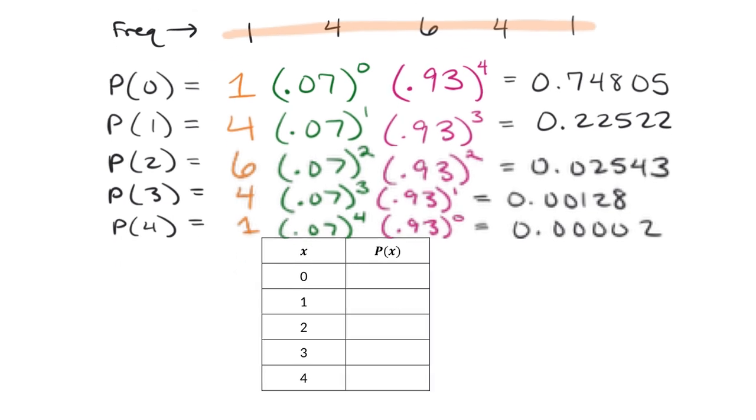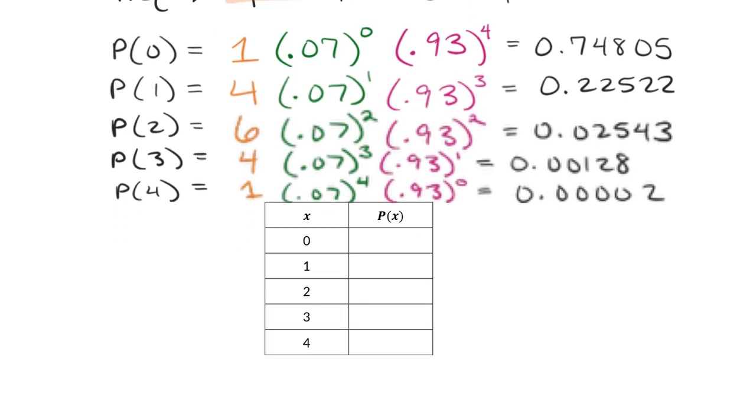So these formulas that I have, for 0, for 1, for 2, for 3, for 4, create this probability distribution that we were given in other chapters. We can fill in these numbers in our chart. Now, what kind of pattern do you notice here?